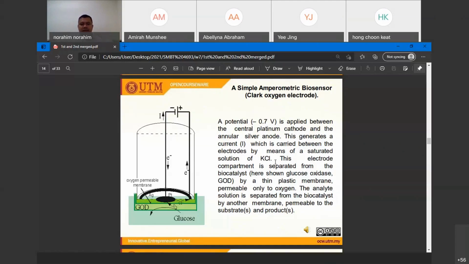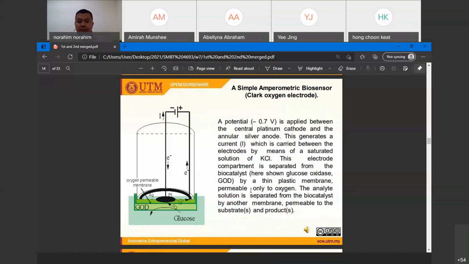This is another electrode. This electrode compartment is separated from the biocatalyst. So what is your biocatalyst here? It is glucose oxidase, GOD, separated by a thin plastic membrane permeable only to oxygen. Because we're talking about oxygen, only oxygen should go through the system.